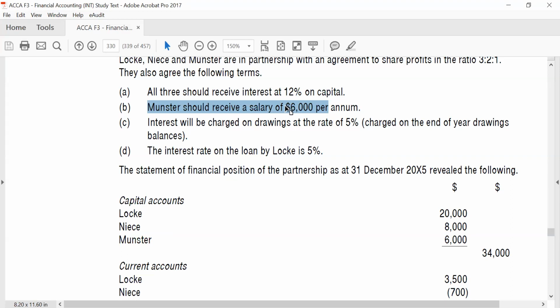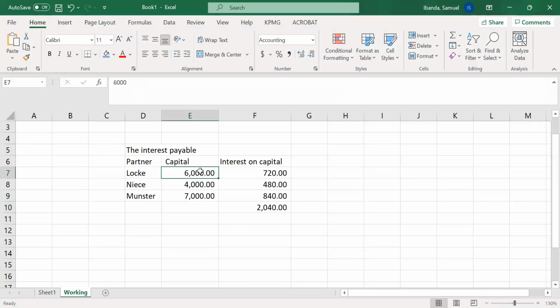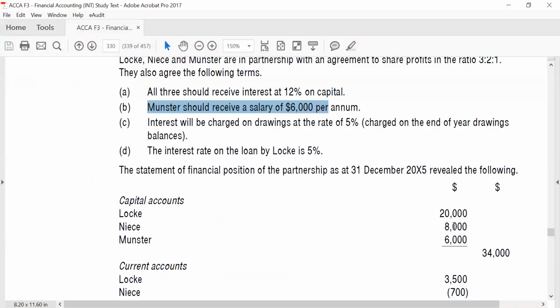So we have determined the interest on capital based on these values. Just confirm that that's what we have here. Sorry, I think I copied the wrong figure. This is 20,000, then 8,000 and 6,000.